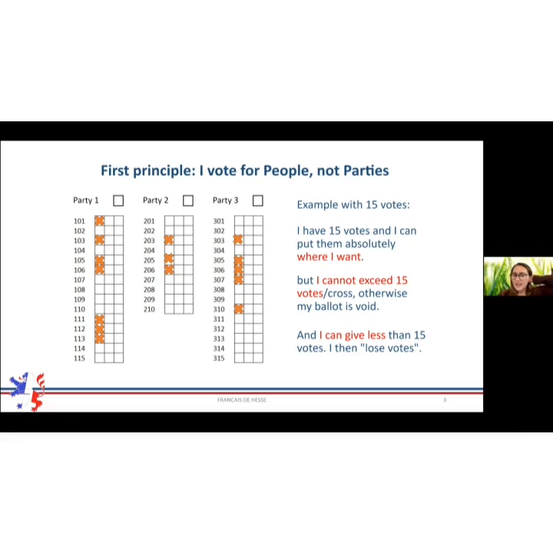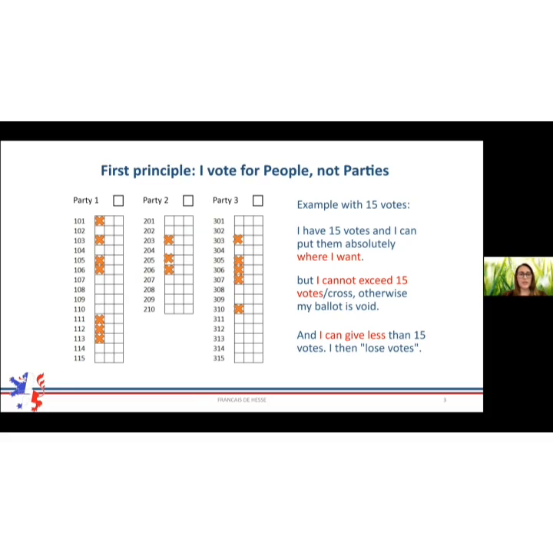Every candidate has a reference number, which is printed on the voting document. The lists have numbers and the candidates have numbers, and we have put a dummy example in the slide where we have not put any names, of course, but numbers. So I will just refer to the numbers when I speak of the candidates.